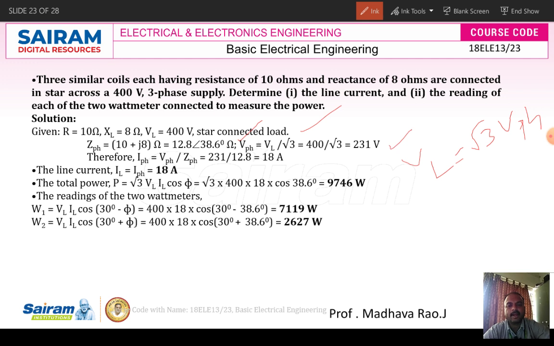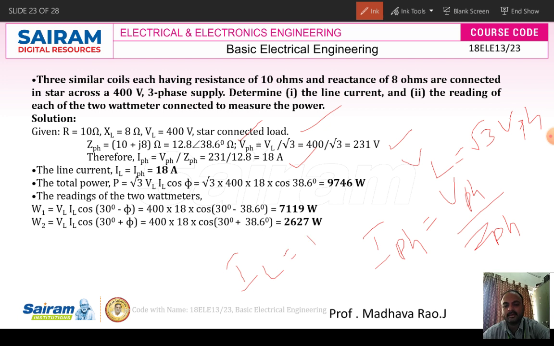IPH is equal to VPH by ZPH, so 213 divided by 12.8 gives 18 amperes. So the phase current is 18 amperes. In star connection, one more relation is IL is equal to I phase, so the line current is 18 amperes.